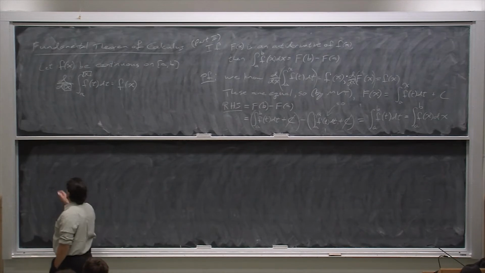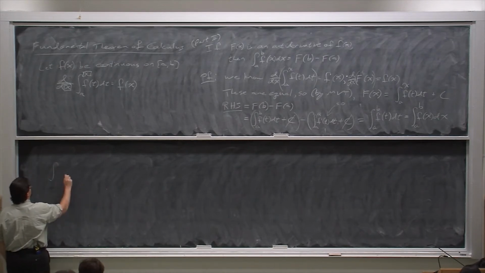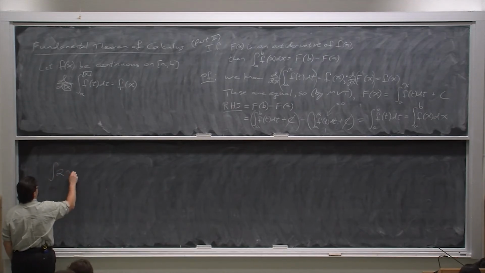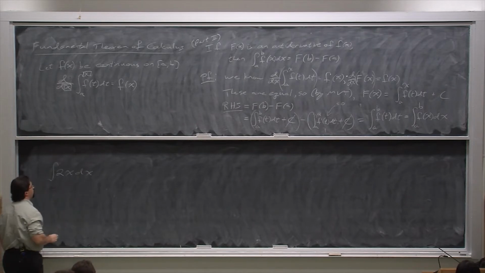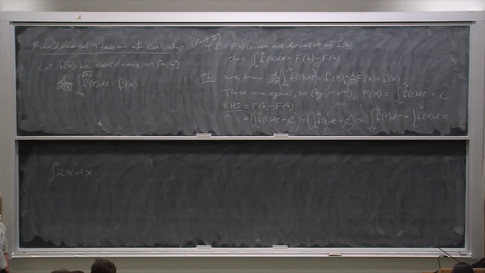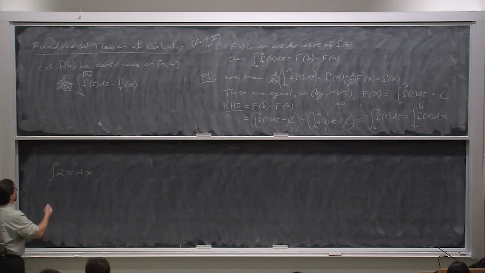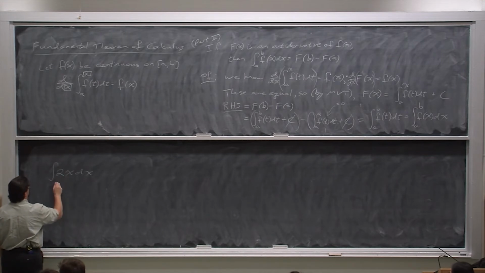So if we wanted to take the integral of, say, 2x dx, but not as the indefinite integral, not as the area under the graph in an unknown way, not as the antiderivative, but specifically from, I don't know, let's go from 1 to 3.